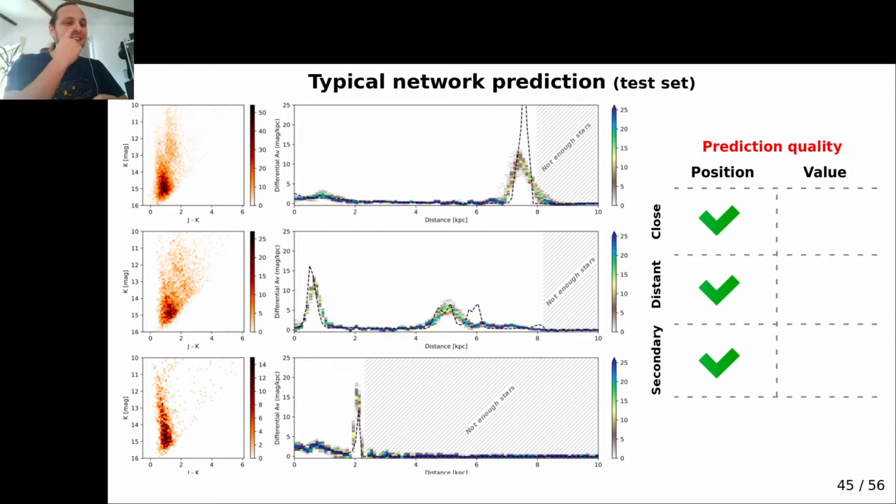One thing that we want to try at some point will be to have only one neuron as output that will predict the extinction, and to have the distance as an input of the network. So it means that we could have an arbitrary resolution when we reconstruct the profile. And this is something that we really want to investigate as well.